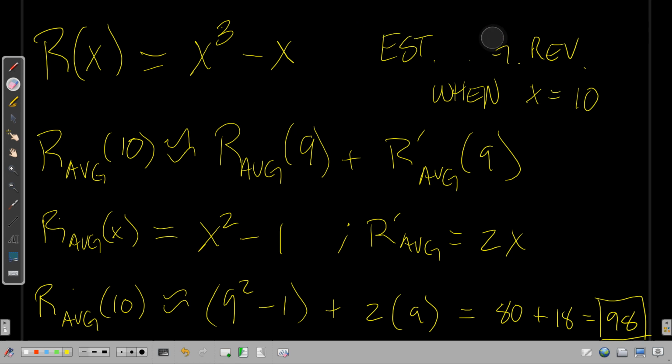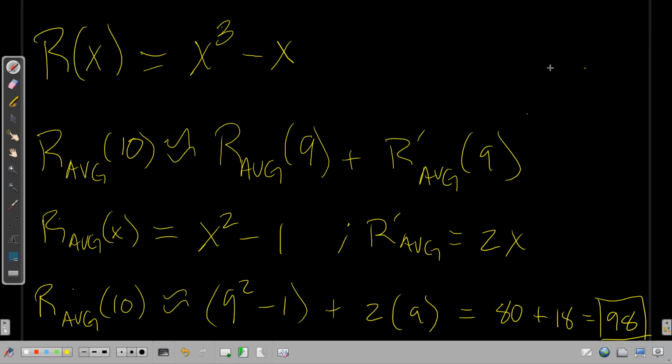Well, if I want to estimate the total revenue via the average revenue estimate, then I would simply need to realize that x times the average revenue is the same thing as R of x.